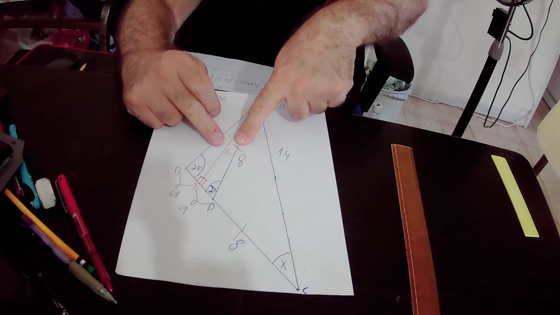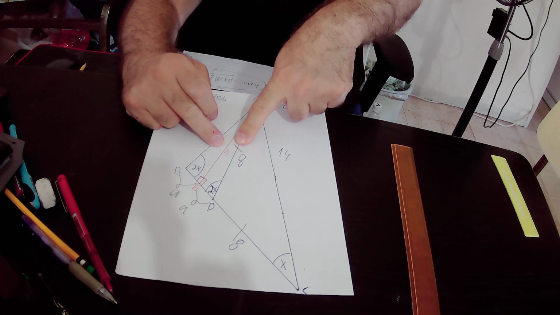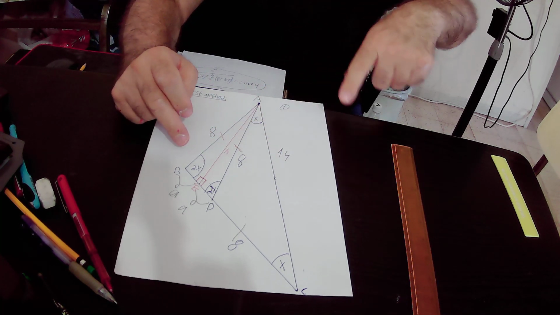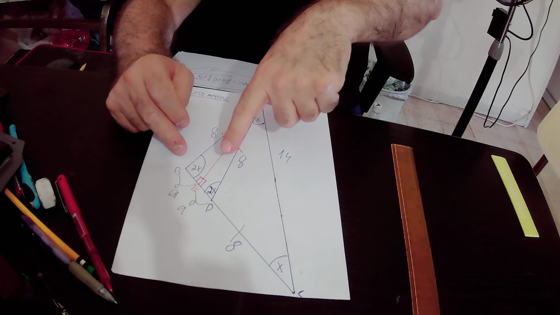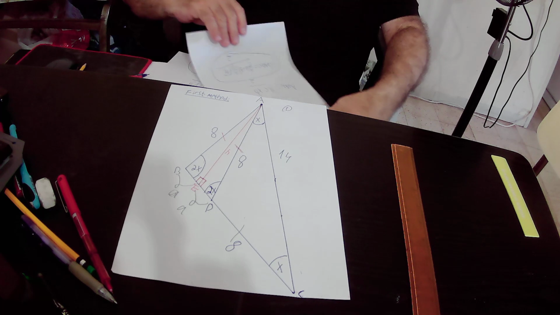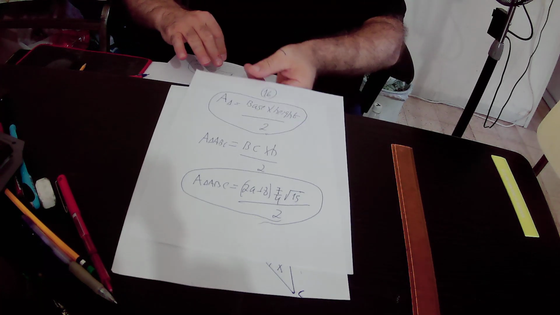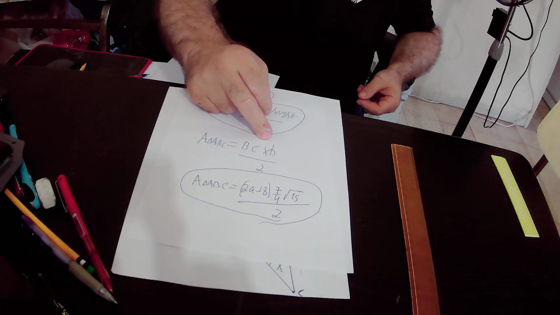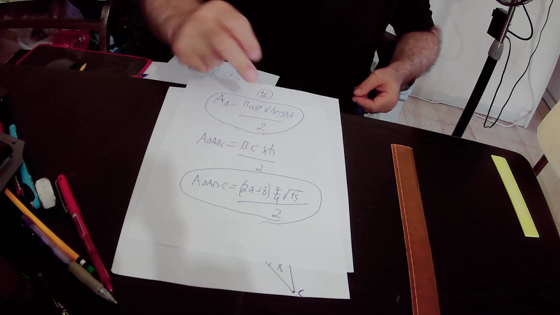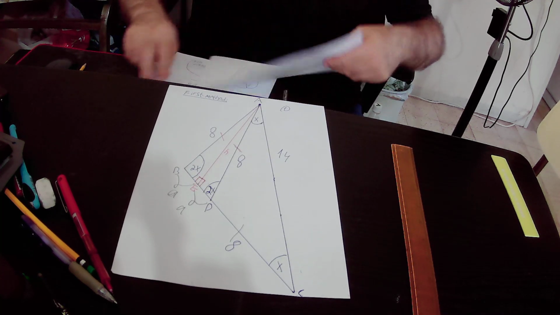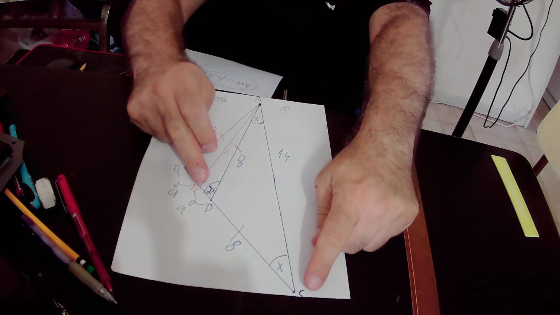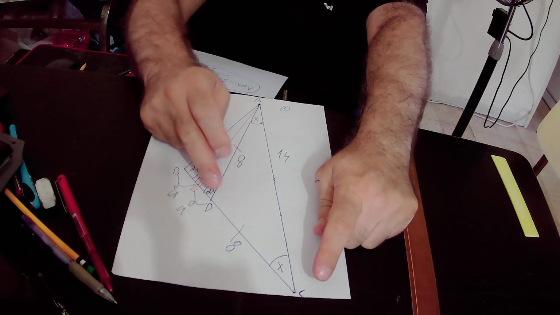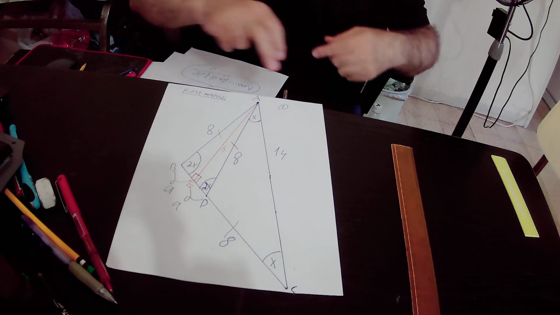We know the value of h, so the area of triangle ABC equals the base BC times the height h over 2. And what is the value of BC? BC equals a plus a plus 8, so BC equals 2a plus 8.